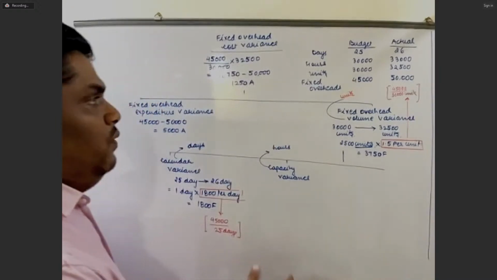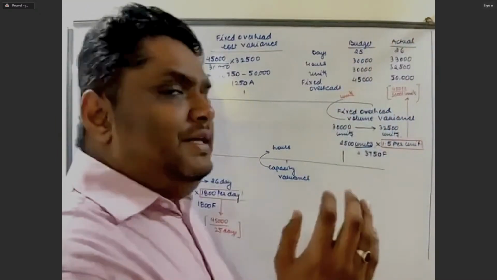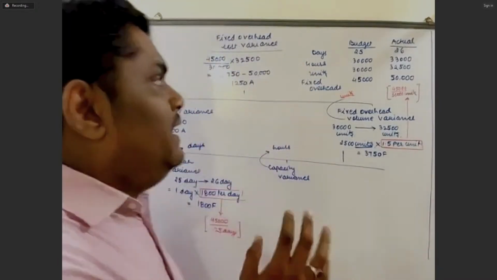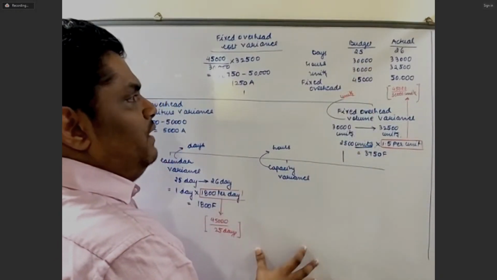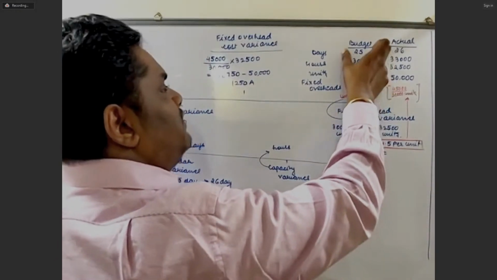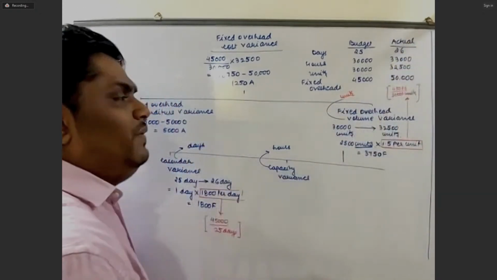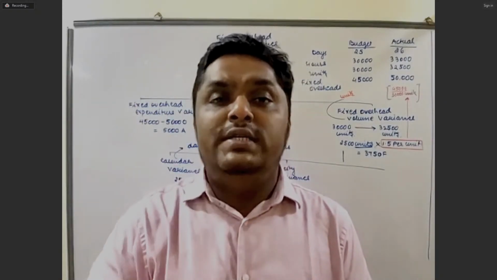So herein, the hours are 30,000 and 33,000. That is, there is a deviation of 3,000 hours. However, these 30,000 hours were for 25 days. We were supposed to work for 30,000 hours in 25 days, but we actually worked for 26 days. So the difference of 30,000 and 33,000 is not correct.